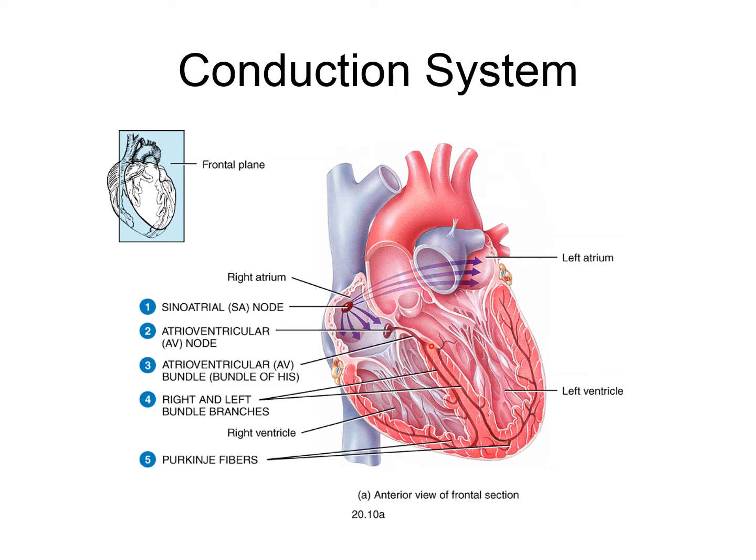We know the well known sinoatrial node, or SA node, and the AV node, atrioventricular node, and then there are fibers that are the atrioventricular bundles, and then these fibers give rise to Purkinje fibers at the apex of the heart.